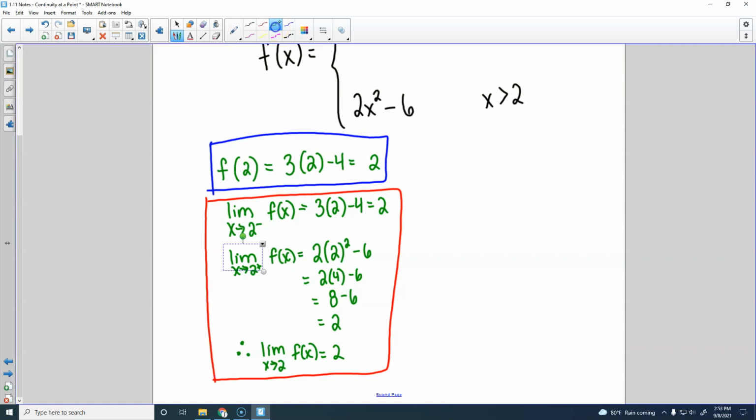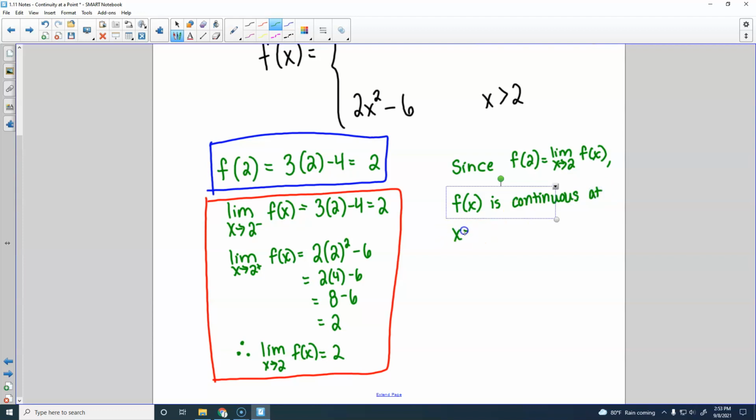The last thing we've got to do is just say, since f of 2 equals the limit as x approaches 2 of f of x, f of x is continuous at x equals 2.